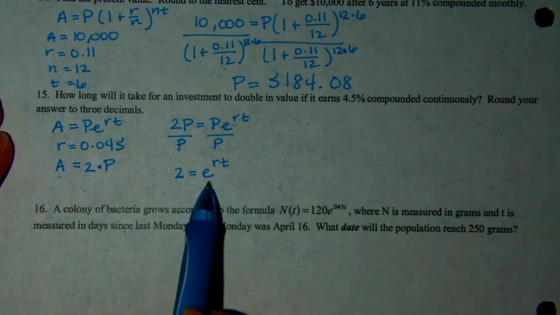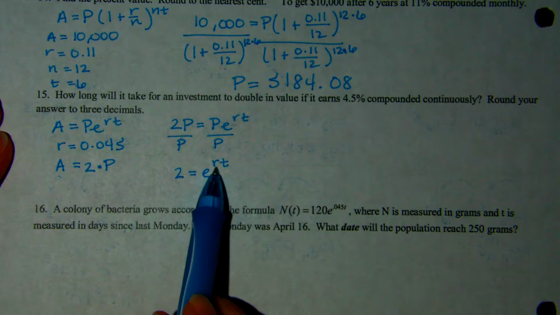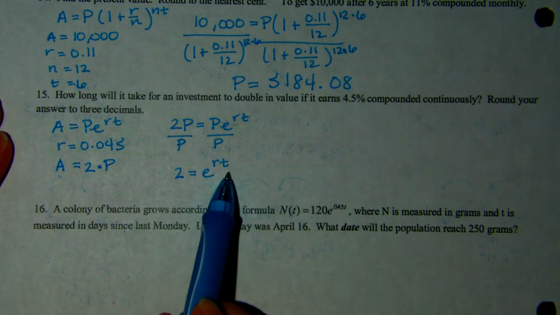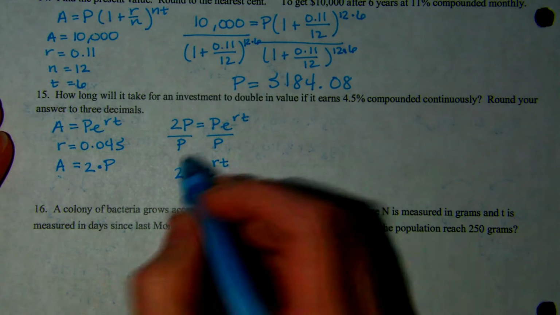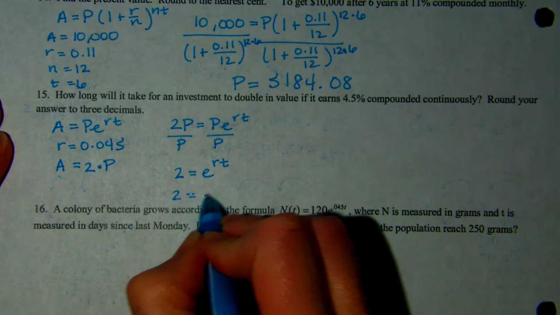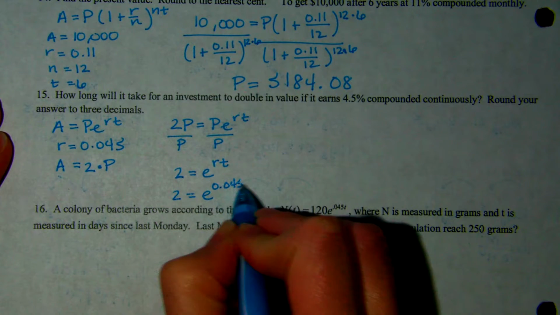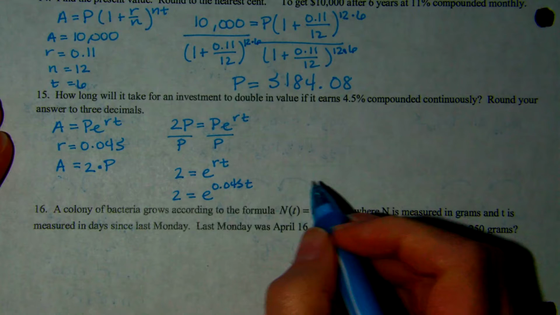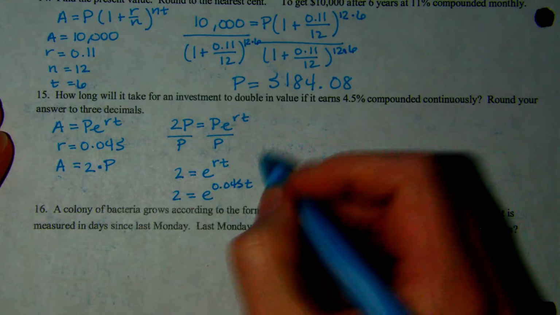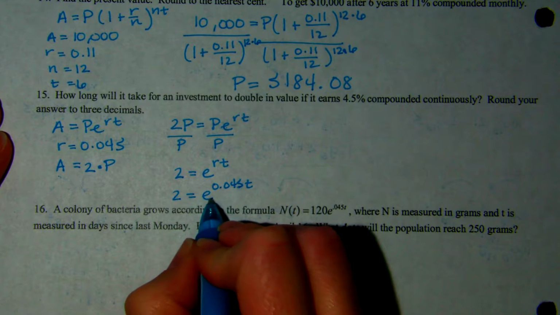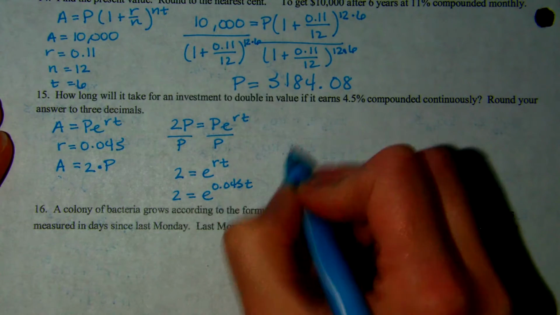Now 2 is a number, e is a number, r I have, and I can solve for t. And that's what they want us to do. So 2 is equal to e to the 0.045t. The way we solve this is we take the log with the base that is the same as the base of our exponential term, and in this case it's e.